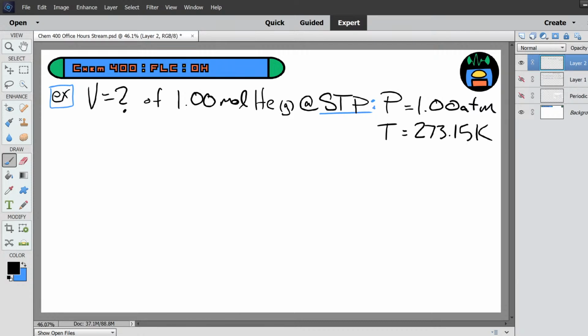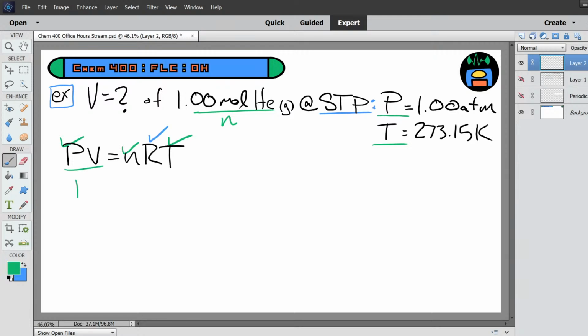All right, and you'll notice that we're being asked to find volume, and we're given moles, pressure, and temperature. So this looks like a job for PV equals nRT. We've been given moles, pressure, and temperature, and you always know what the ideal gas constant is.